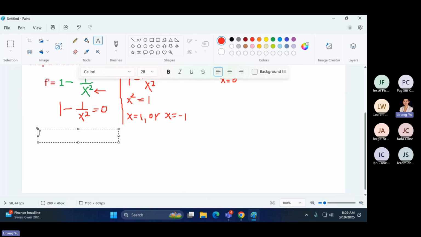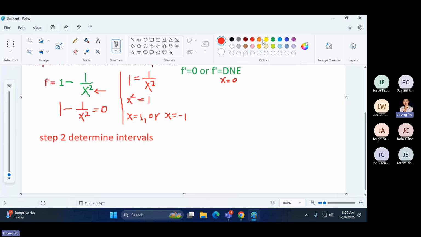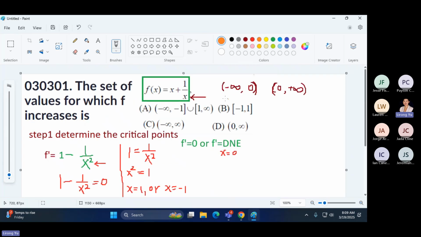That is, try to determine the intervals. So we need to find out how many intervals we are talking about in order to determine the increasing and decreasing intervals. So I'm going to draw the number line. We start with this number line. This is where we started because of the denominator, so 0 is obviously undefined.